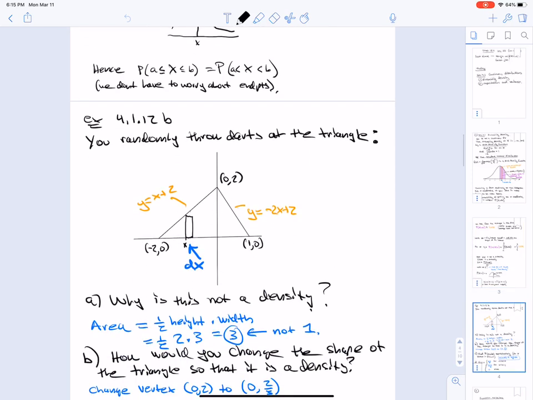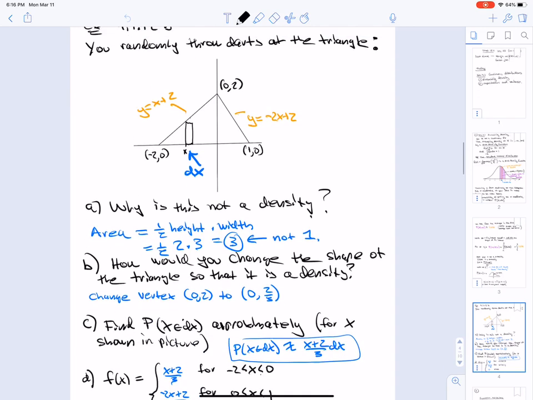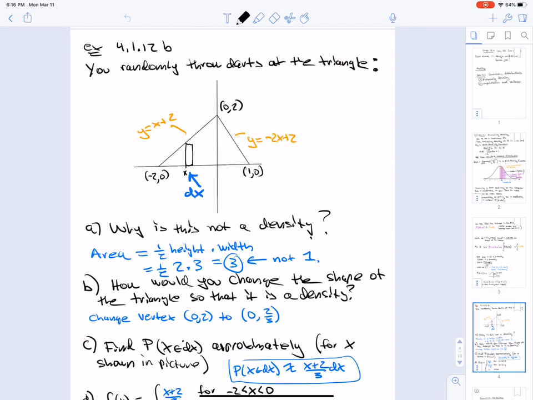So here's a problem where we randomly throw darts at this triangle. Now this triangle is not a density because area is 1/2 height times width, and so you can see that the area of this triangle is 3. So to convert it to a density, well, x needs to take values between -2 and 1, and so we can't change that.